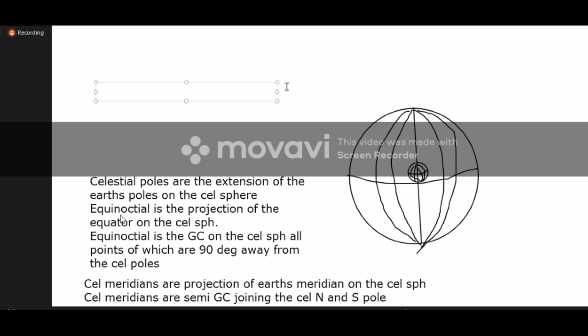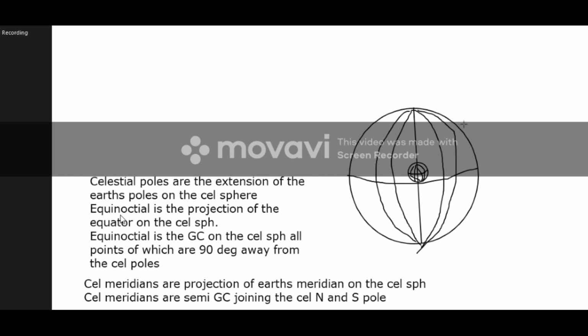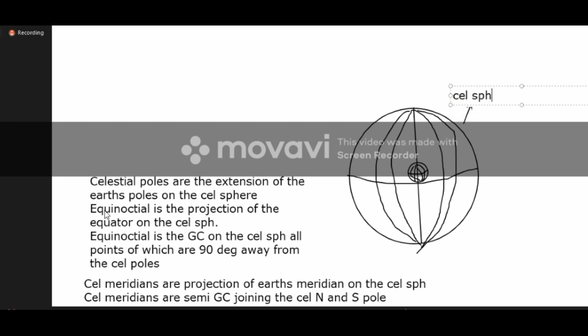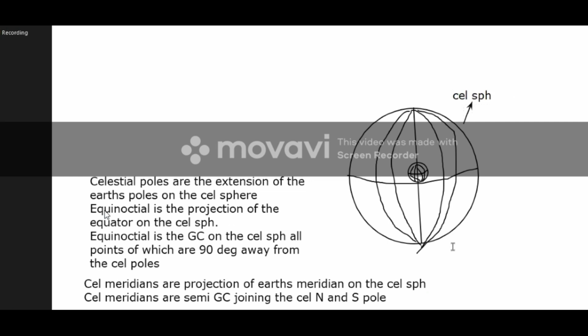This is the celestial sphere. Then this becomes the celestial meridian. These are all celestial meridians. Okay?